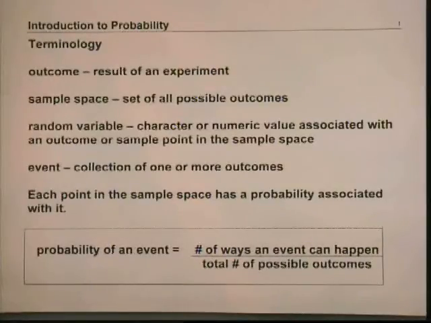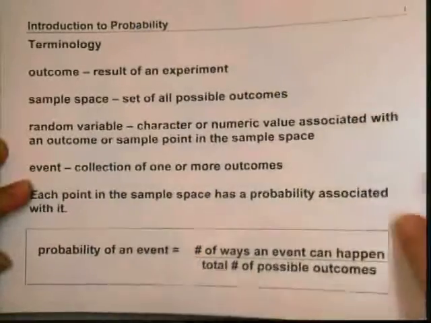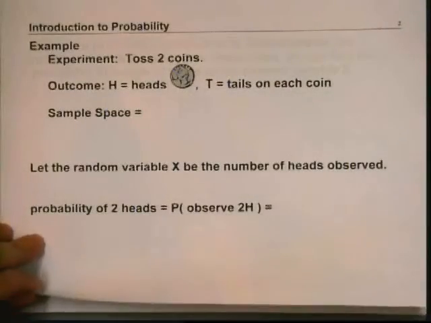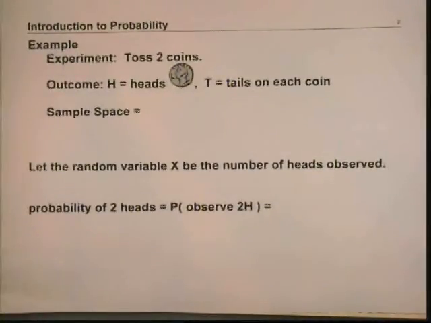All right, so we toss a lot of coins and roll a lot of dice in this class to illustrate these concepts. So suppose we toss two coins. The outcome is that we observe the head or we observe the tail. So our sample space is the set of all possible outcomes.